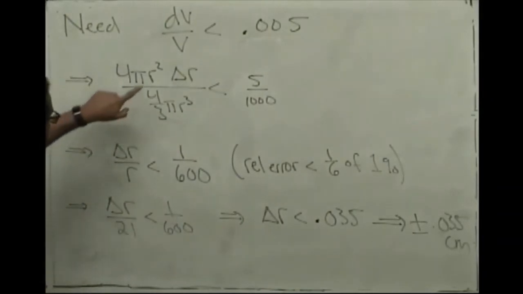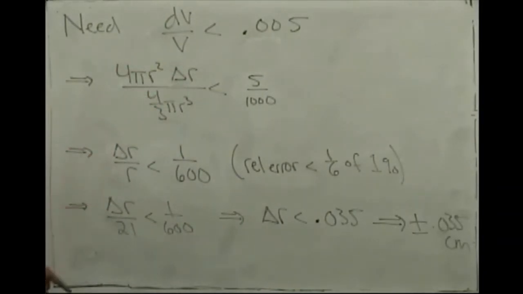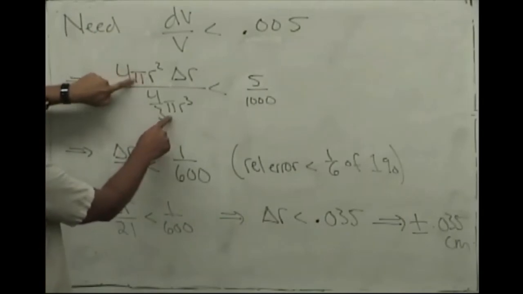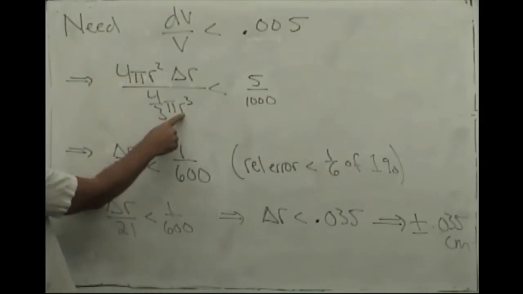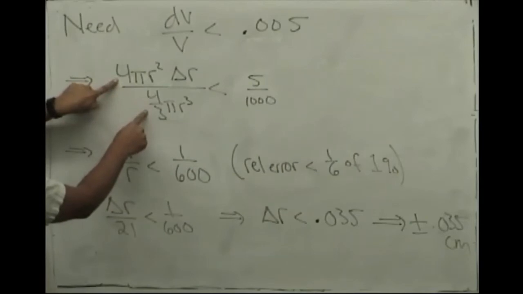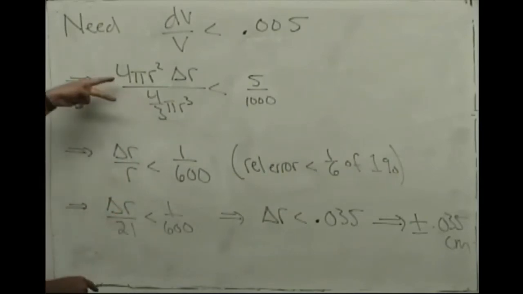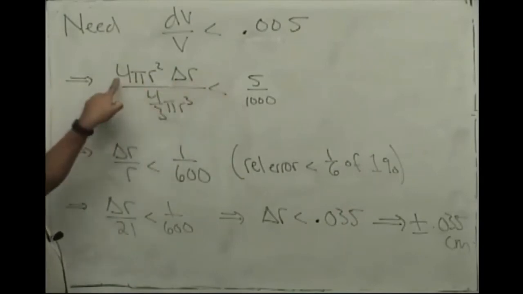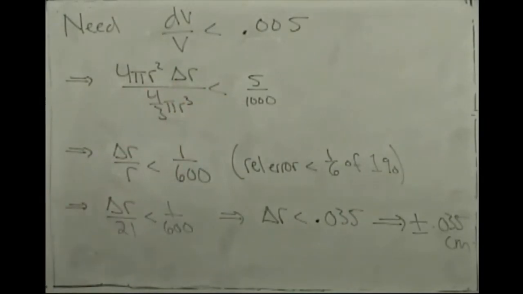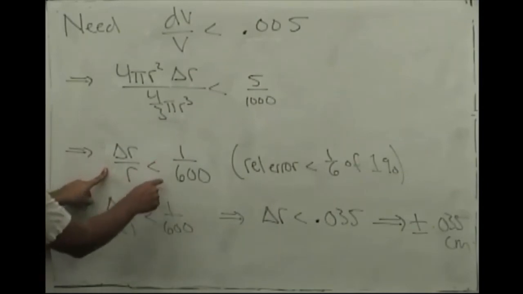So the pi's will cancel, the R squared up here will cancel with 2 of the R's down here, so I'm left with an R in the denominator. 4 over 4/3 is the same thing as flipping 4/3 and multiplying by the top, so there I'm going to get 3. This is really 1 over 200, and so to divide by 3 is going to give me 1 over 600. So just a little algebra to get from here to here, simplifying all the terms. Now delta R over R is less than 1 over 600.